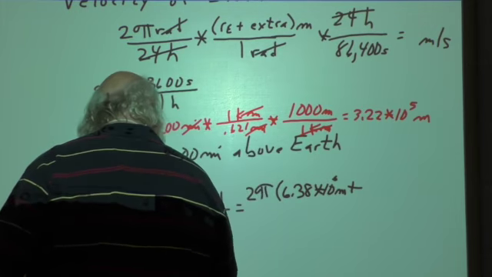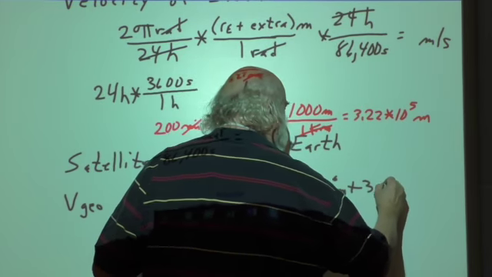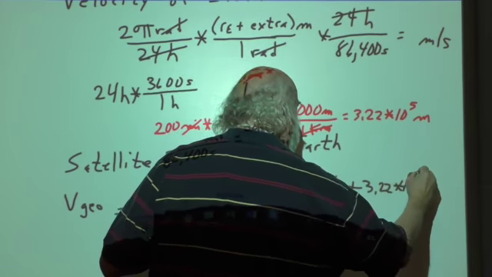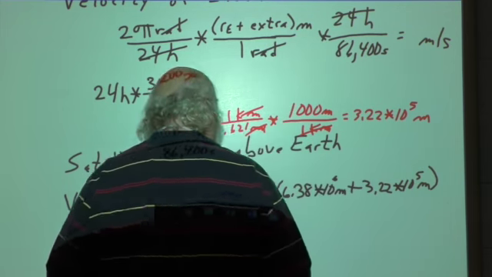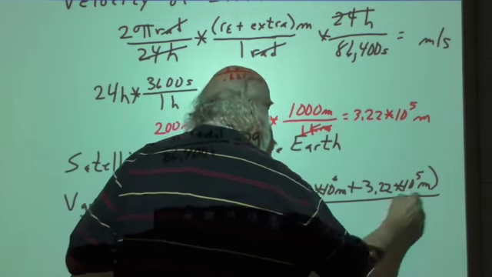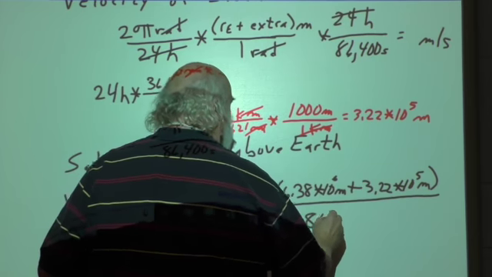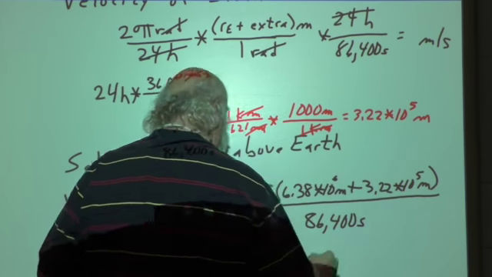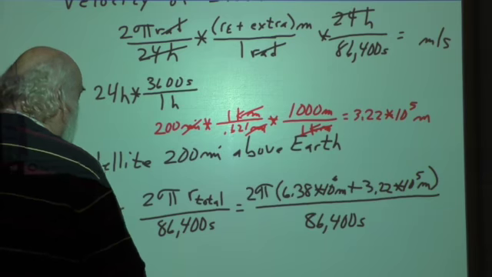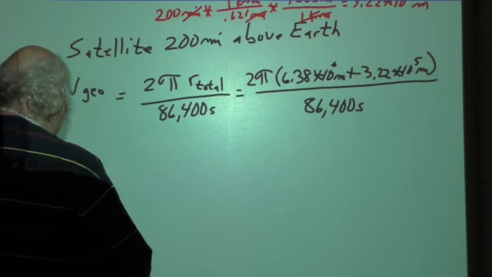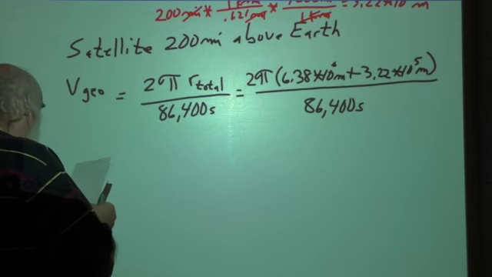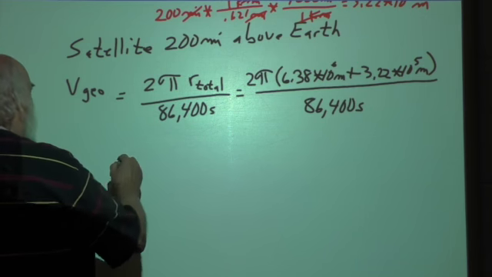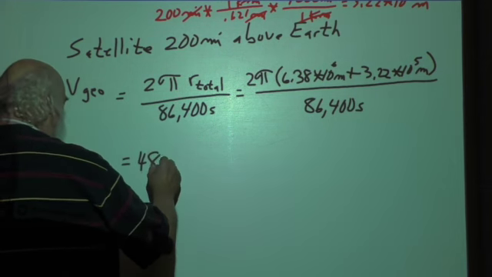So we're going to add 3.22 times 10 to the 5th meters to that, and then divide that whole thing by 86,400 seconds. And it turns out that value is 480 meters per second.